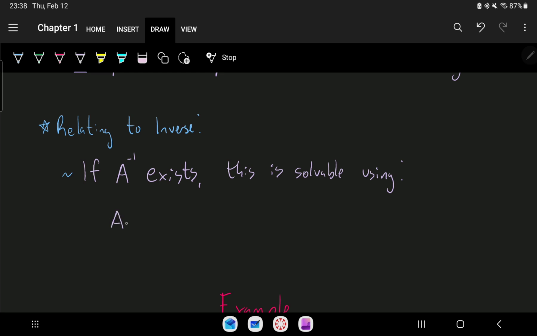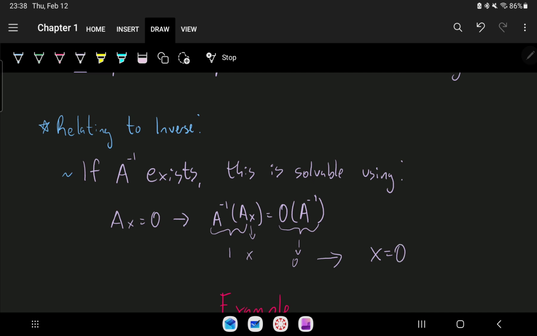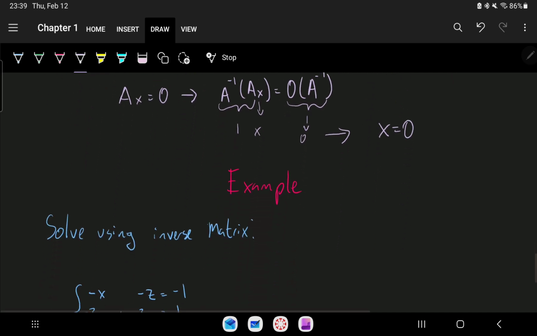So if I have Ax equals 0, and I multiply both sides by A inverse, well, this is just going to be 1. You pull down the x, and this is just going to be 0. So what did we get? We got x equals 0. Pretty cool, huh?